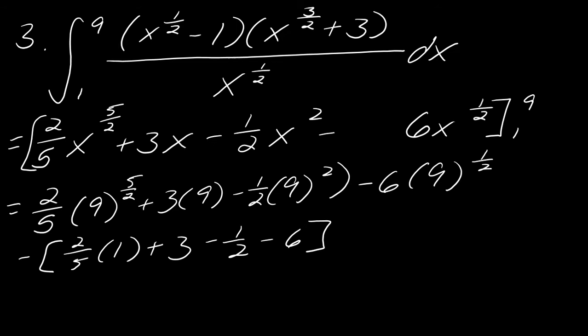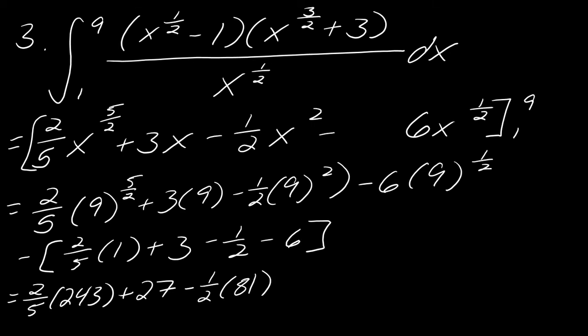Okay, so let's see, what do we get? I have 2/5 times 9 to the 5 halves. So I take the square root of 9, which is 3, and then 3 to the 5th. So 3 to the 5th is 243. And then let's see, this will be plus 27 minus 1/2 times 81 minus 18.